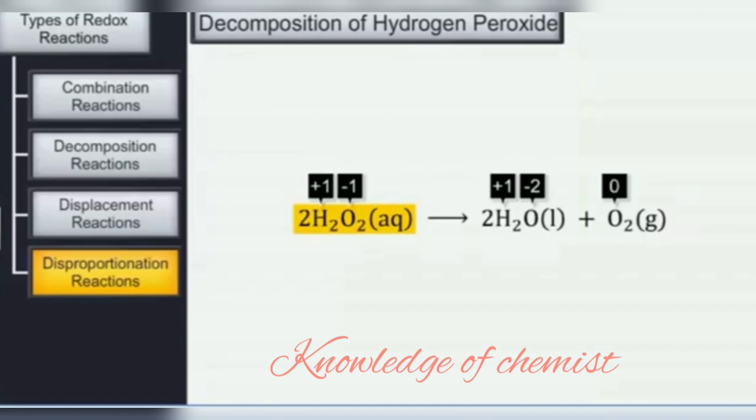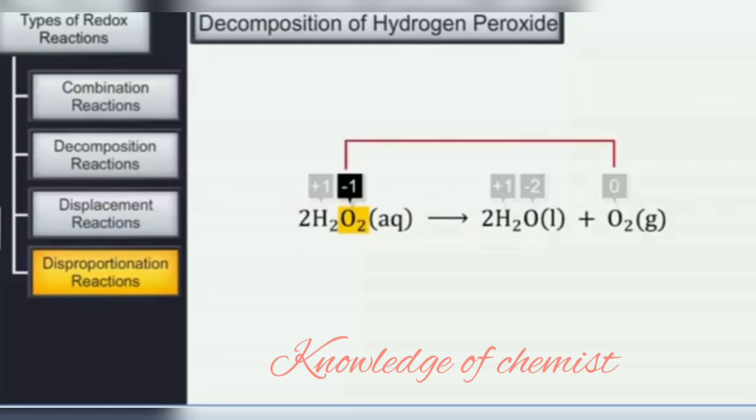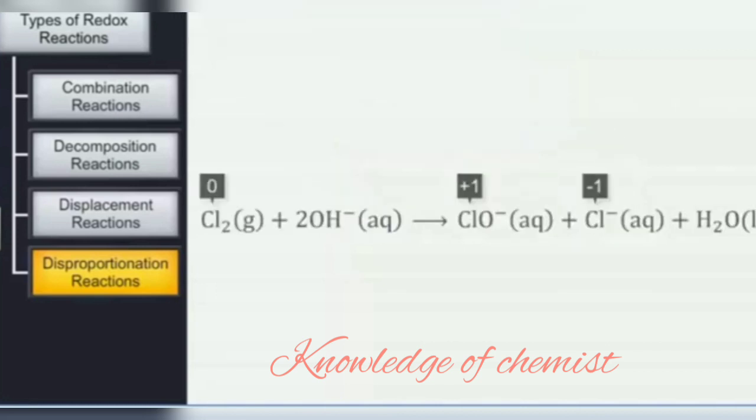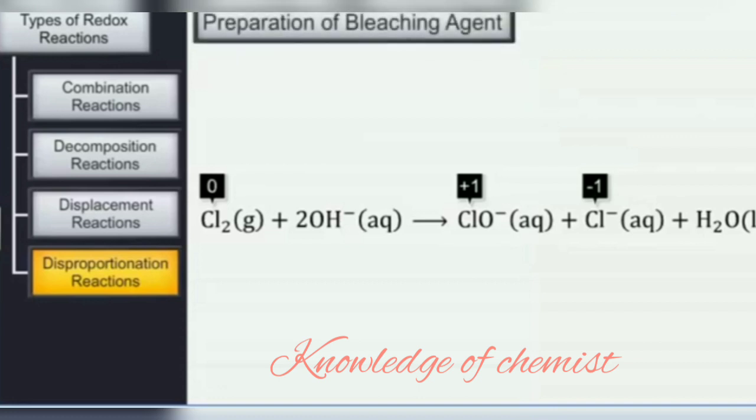Oxygen in peroxide has oxidation state -1; it gains electrons and decreases to -2 in water, and loses electrons and increases to 0 in oxygen. Another disproportionation reaction illustrates the preparation of a household bleaching agent.